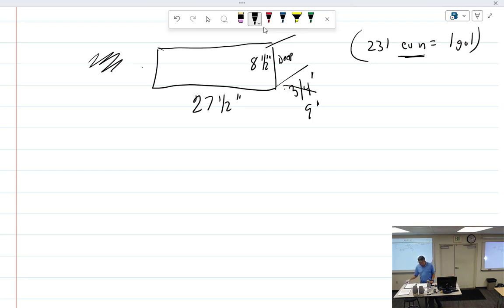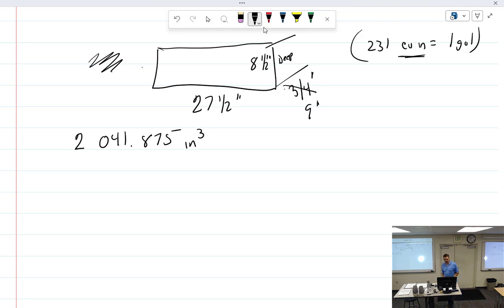2,041.875 inches cubed, he says. So what am I going to do with this information? For every 231 cubic inches, you get 1 gallon.